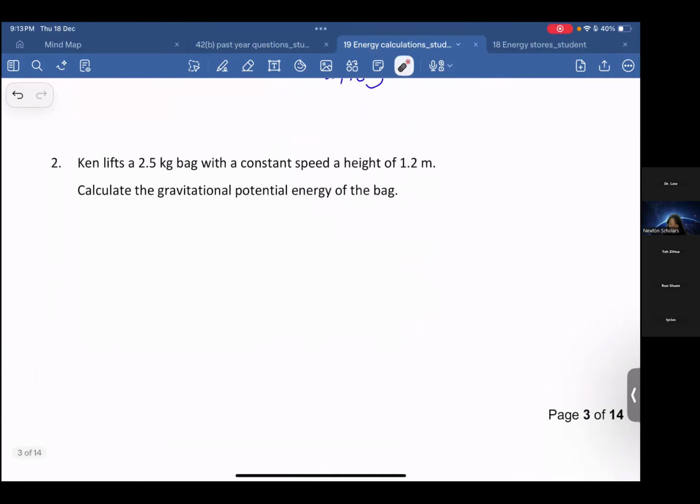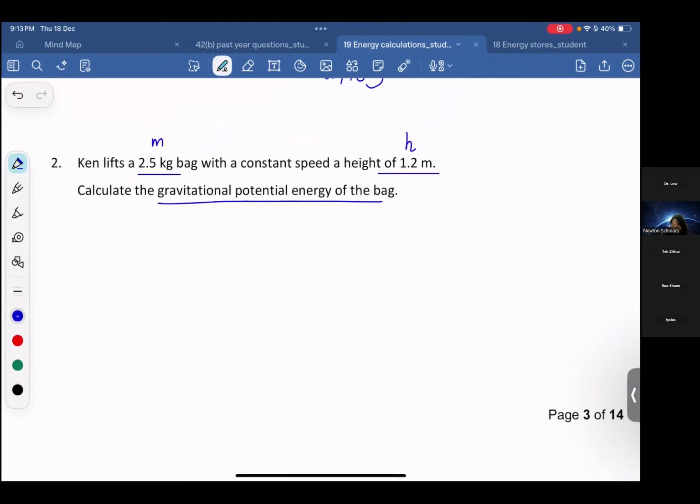Okay, question number 2. Leaf. Keyword leaf. So GPE again. Then 2.5 kg, this is the mass, with a constant speed at a height. So this one is the h. What is the GPE?